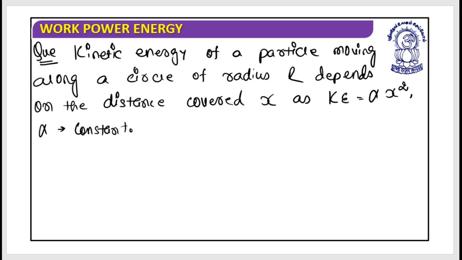What do you need to find out? Find out the force acting on the particle.